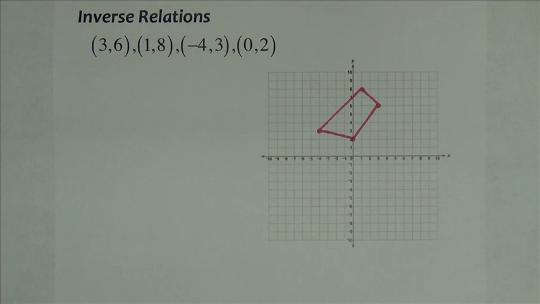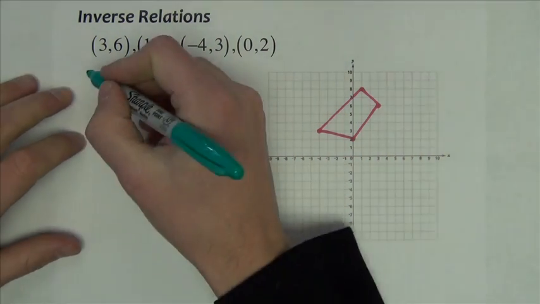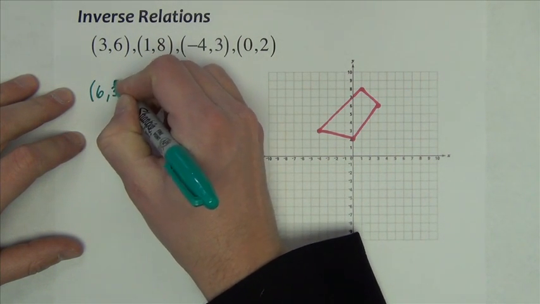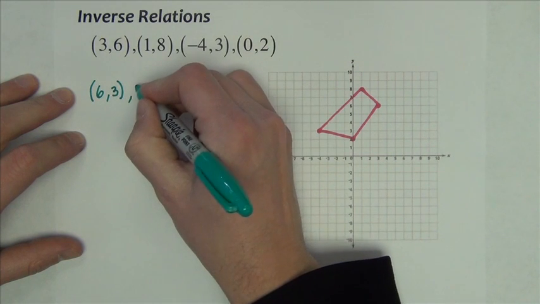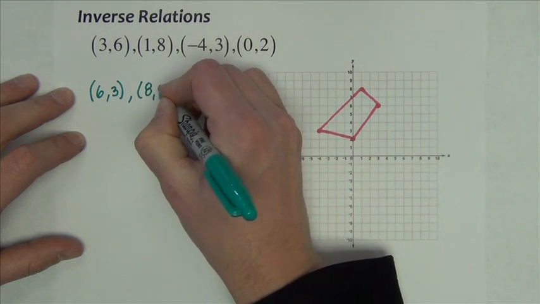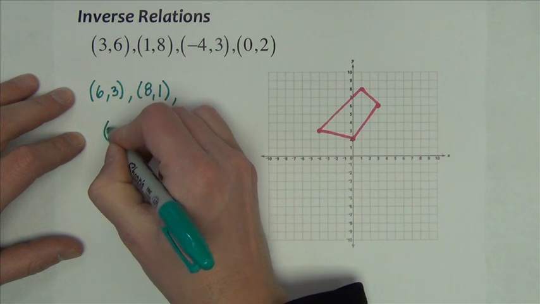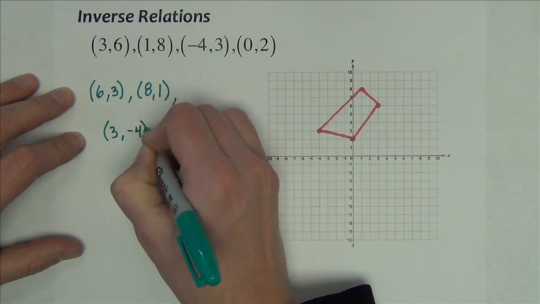Now we defined an inverse relation to be one in which all the points, the x-y points, are just interchanged, switched. So the point (3, 6) becomes the point (6, 3). The point (1, 8) becomes (8, 1). The point (-4, 3) becomes (3, -4).